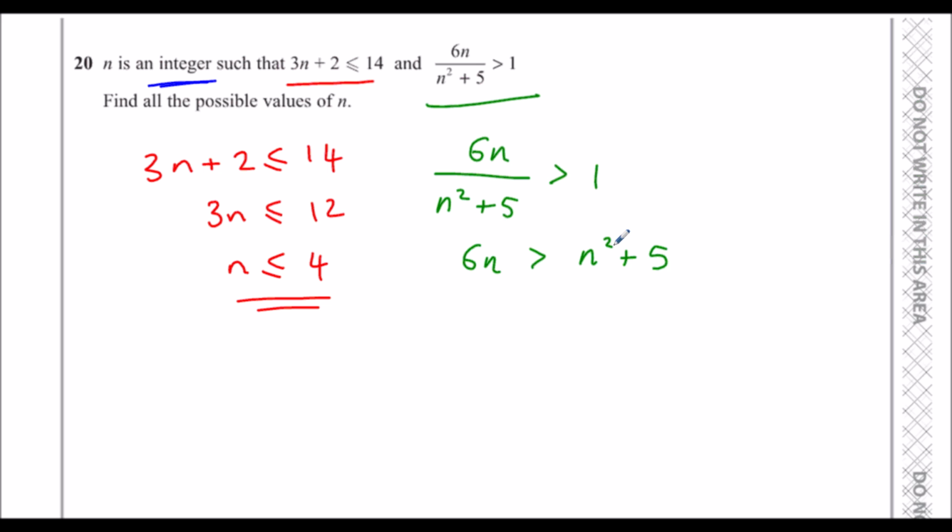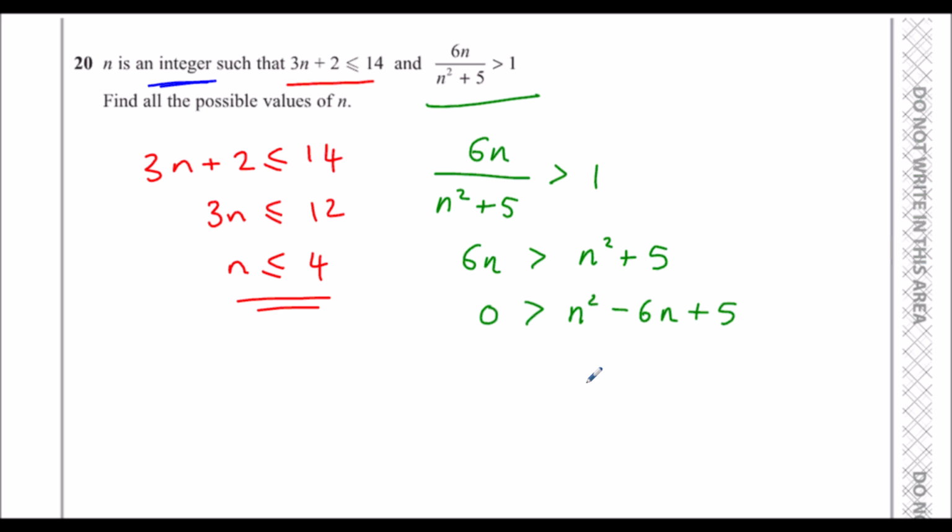And it is a quadratic. We've got an n squared. So to solve it, we're going to make it equal to 0. So I'm going to minus 6n from both sides. So n squared minus 6n plus 5 is less than 0.